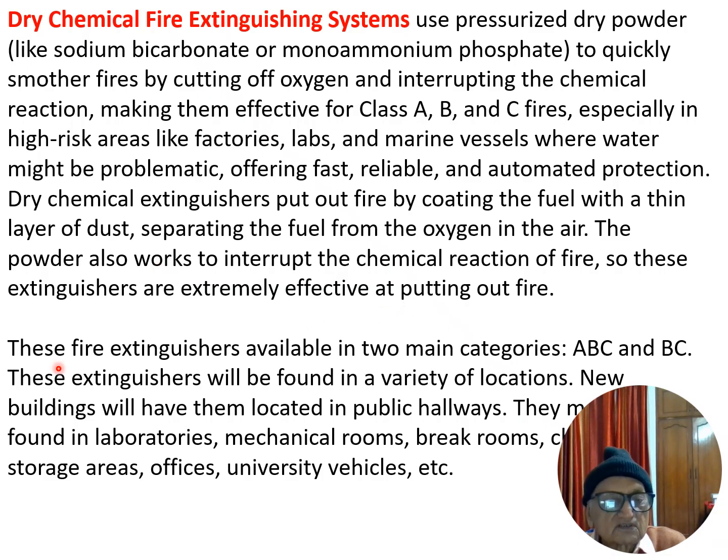The fire extinguishers are available in two main categories. It is suitable for ABC or BC. These extinguishers will be found in a variety of locations. New buildings will have them located in public hallways. They are mostly found in laboratories, mechanical rooms, break rooms, storage areas, offices, universities, and vehicles.